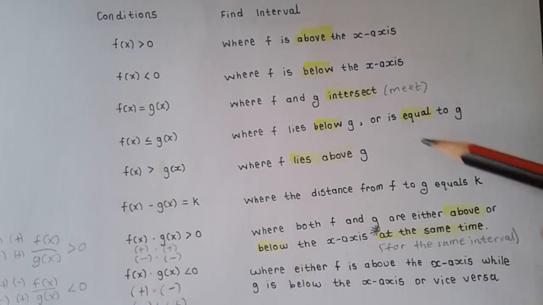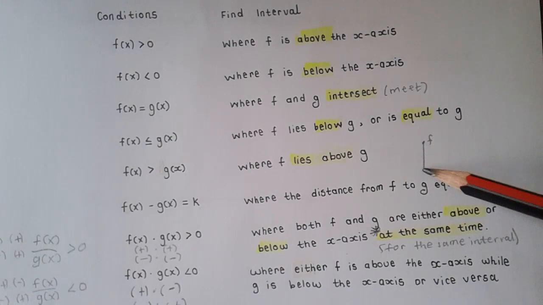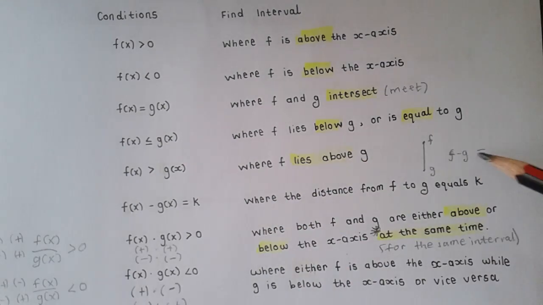A vertical distance is the y value of f minus the y value of g, and we want that distance to equal k.